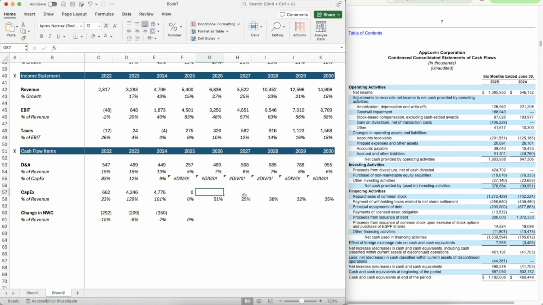Well, let's put it to 8%. I mean, it's 0 now.